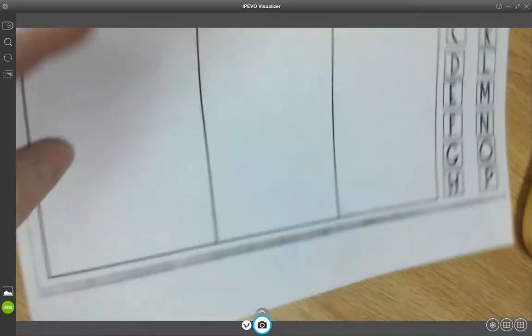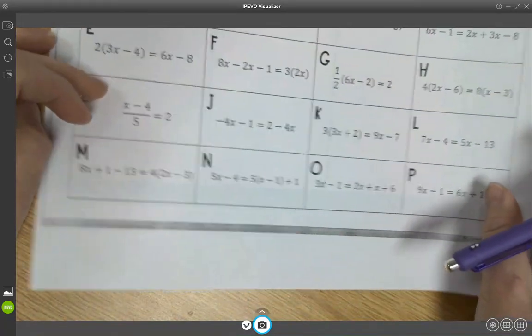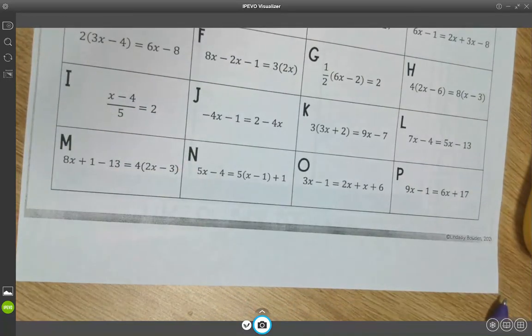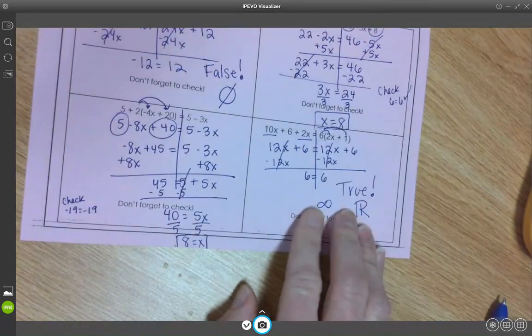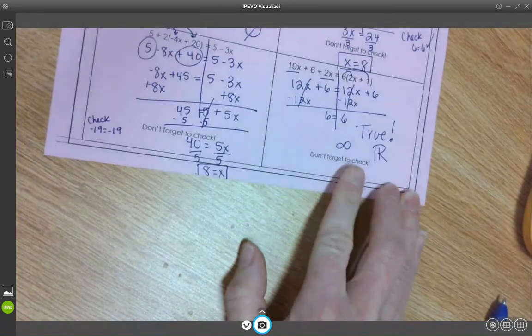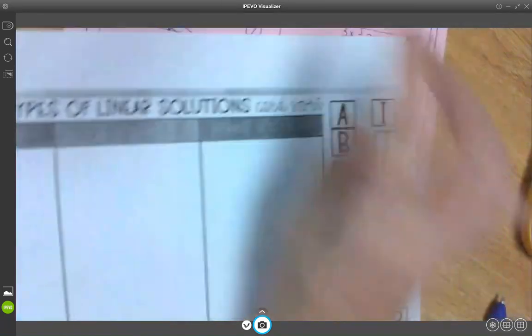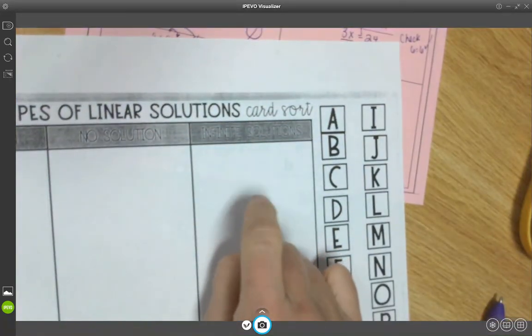You're going to sort them, so you're going to have to solve A through F and then sort them. Where we just have like 6 equals 6. Then, like this, yeah. This solution is infinite, so you'd put it in the infinite solution box.